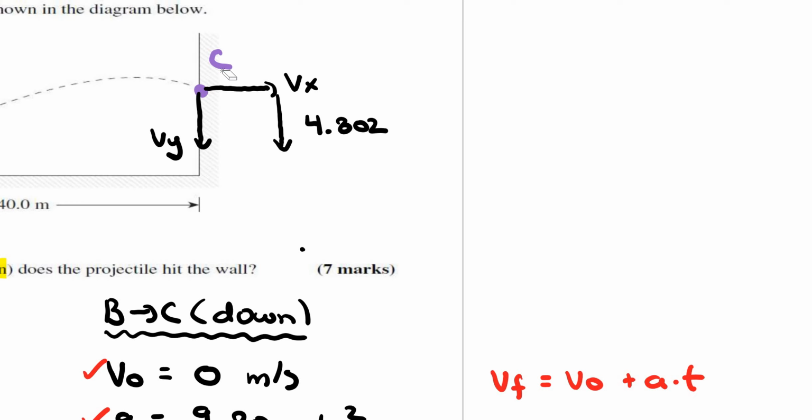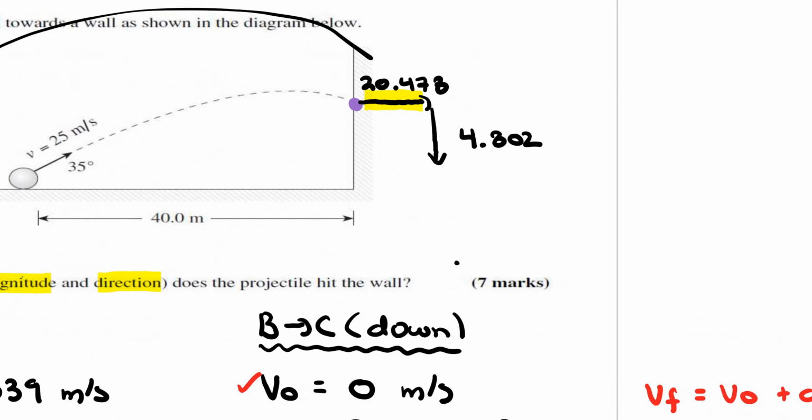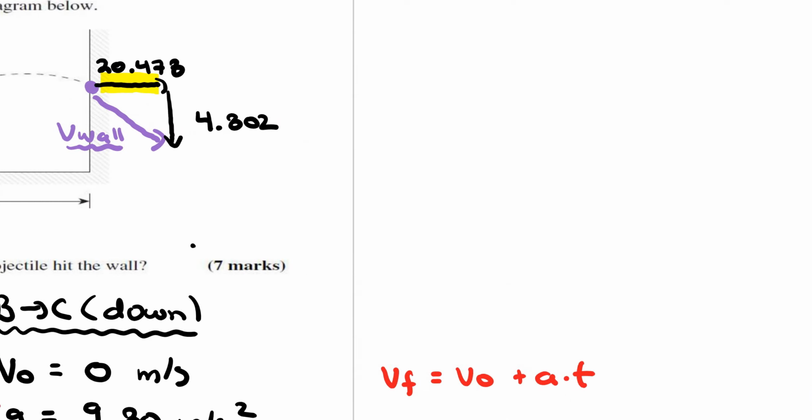So if I just redraw the Vy down here, that's going to be 4.802 meters per second. And we know the Vx, we actually found the Vx right from the start of the problem here. Vx is going to be this number right here, which is 20.478. Okay, and with that, we can now find the velocity vector right there using the Pythagorean theorem. So this is the V wall right here. We can find V wall by using the Pythagorean theorem here, right?